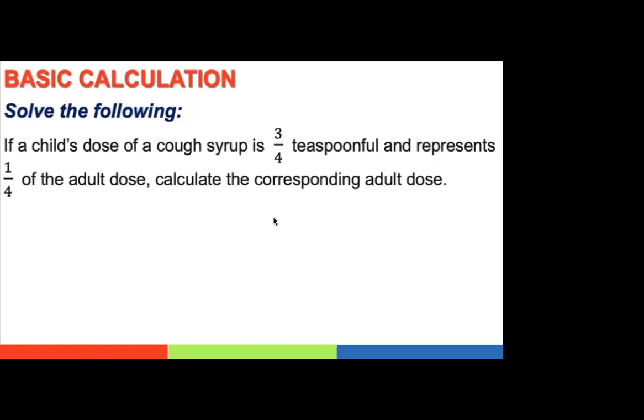Anong pinapakompute? Adult dose. So therefore, expect that it is greater than child's dose. Kaya kung ayaw mo mag-compute, tingnan mo sa choices. Ano yung mas mataas sa 3/4? Yun ang isagot mo. Gets? Tapos i-eliminate mo na agad yung mga mas mabababa sa 3/4. So what's your answer?